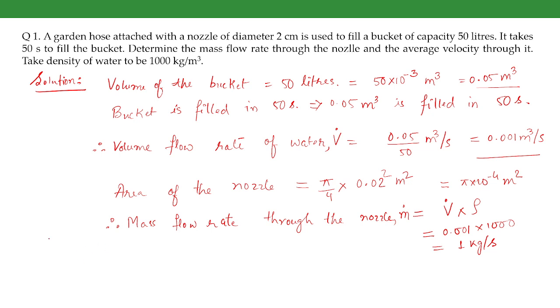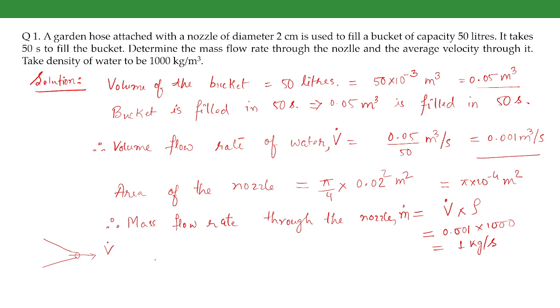And let's see here. So this is the nozzle. From here, the total volume flow rate we know, and we know the area. So how can we determine what is the velocity?